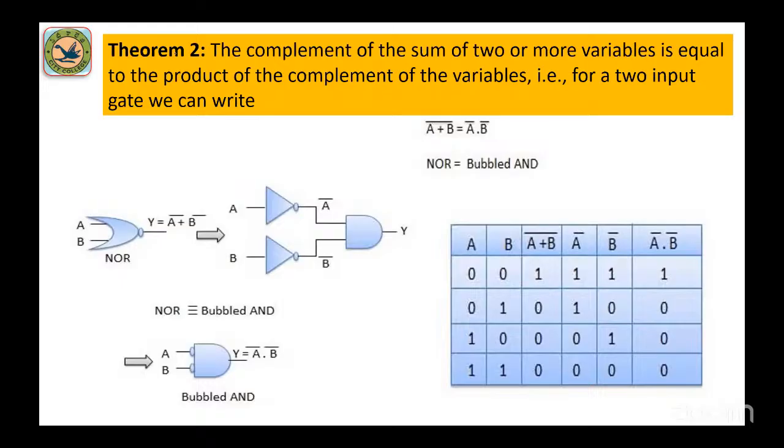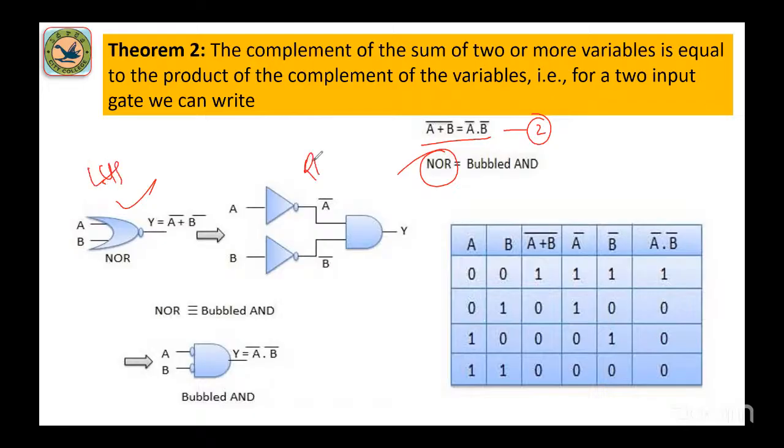Next, the second law: A plus B whole bar equals A bar dot B bar. That is, the complement of the sum of two or more variables equals the product of the complements of the individual variables. A plus B, an OR gate followed by a NOT gate, is a NOR gate. This is the symbolic representation for the LHS.